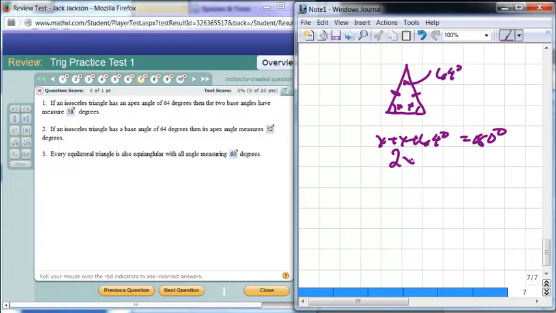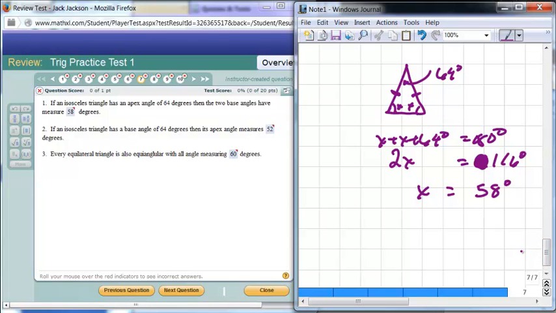So this is 2x, and subtract 64, that leaves 116 degrees. For the other two, divide that in two equal pieces, that's 58 degrees. Let's see if I did something. Yeah, correct. 58 degrees. Good.